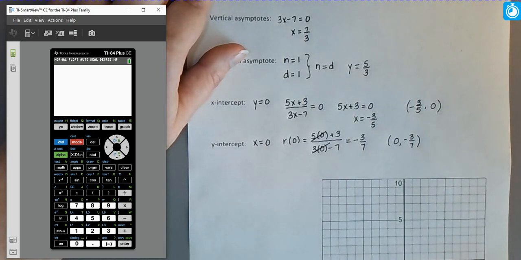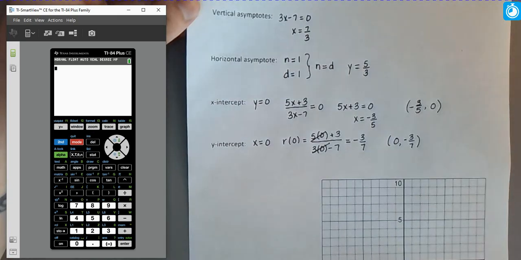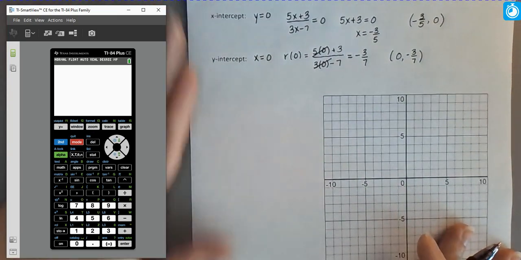So if you use an approximation rather than an exact value, like 7/3 or 5/3, it's going to try to match a function to those approximations, and it's not going to come up with the correct function. So you're going to need to use exact values like 7/3 and 5/3, and of course I'll show you how to do that. But when you're doing things by hand, approximation is perfectly fine, and ultimately it's going to be necessary.